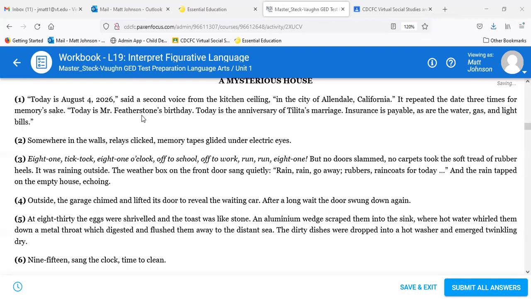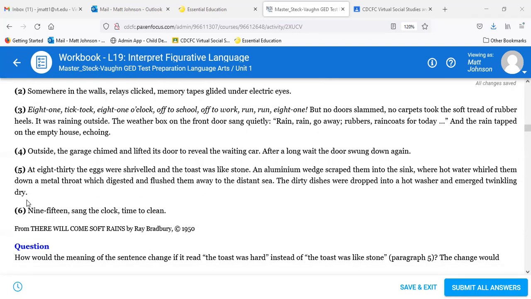It was raining outside. The weather box on the front door sang quietly, rain, go away. Rubbers, raincoats for today. And the rain tapped on the empty house, echoing. Outside, the garage chimed and lifted its door to reveal the waiting car. After a long wait, the doors swung down again.